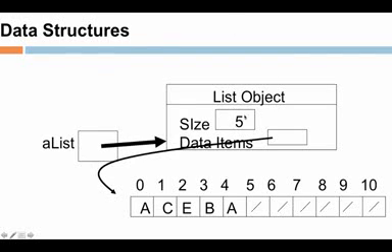Therefore, this is an instance of a data type. Let us look at what the data type is. The data type consists of a description saying that there is one data item which says what the size is, and another data item which is an array of size 11, and we maintain our list inside this array of size 11.